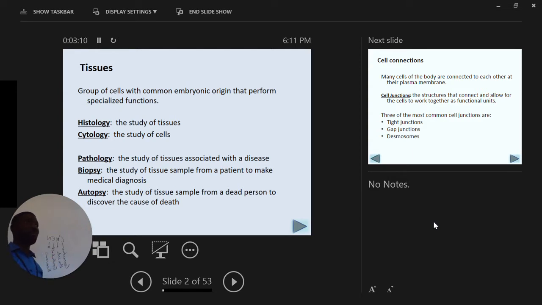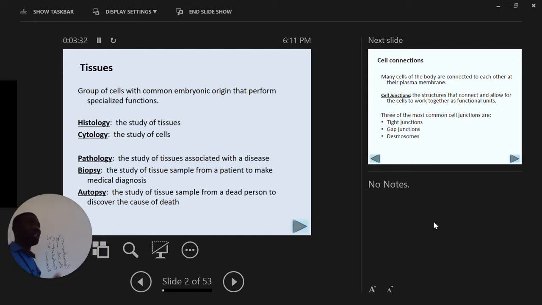So sometimes they remove a mass, they don't just conclude that it's fibroid. They have to analyze the tissue and see if it is cancerous, if it is something malignant, or if it is benign. Malignant means that it is cancerous, it will keep growing, or it may have metastasized or spread to another area.